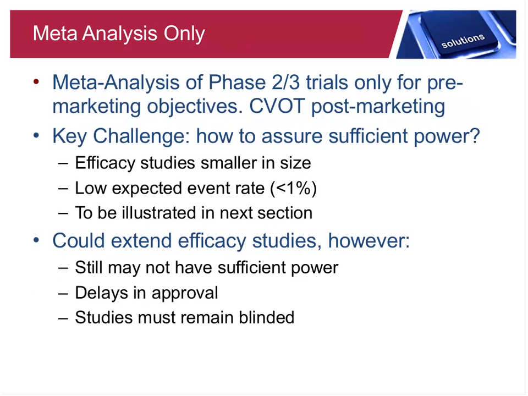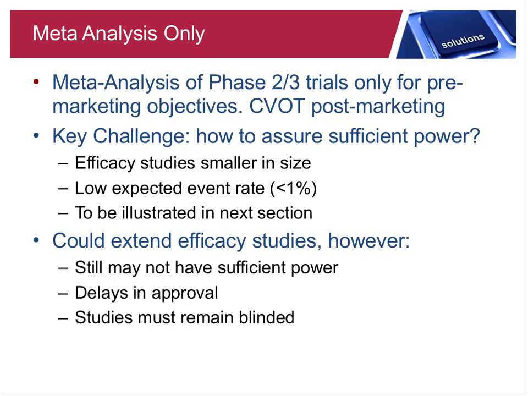A meta-analysis only: obviously, one would wish that those pre-marketing 122 events can be accomplished from efficacy trials only. But there are a few problems. They're smaller in size. The population in these trials is not enriched for cardio. It's not a high-risk cardiovascular population, so you can expect a low event rate. And I will provide you with the numbers in a couple slides down.